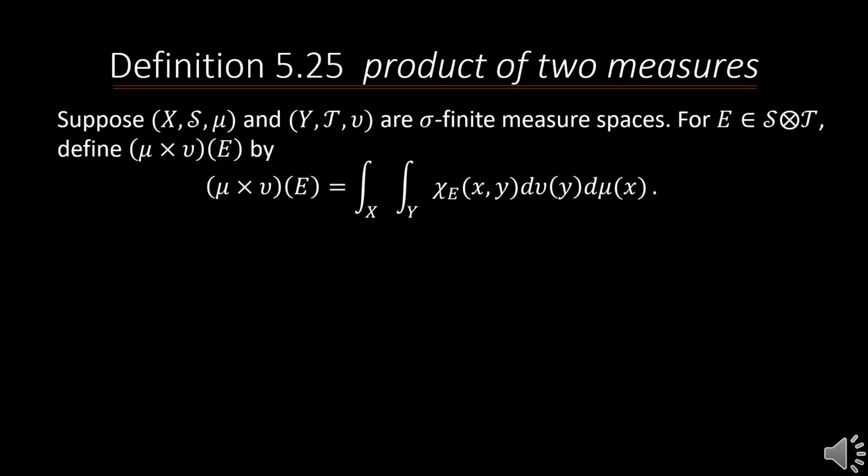Then for an arbitrary E in S cross T, we define the measure of E with respect to mu times nu by the integral over X of the integral over Y of the characteristic function of E, this time with both the input variables x and y, first in relation to d nu y, then in relation to d mu x. This definition is not necessarily intuitive. However, Axler then goes into example 5.26, which will help us visualize what's going on.